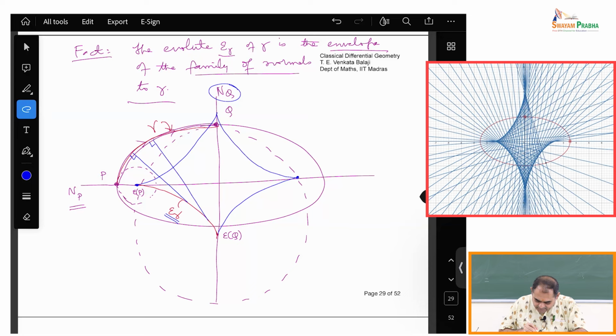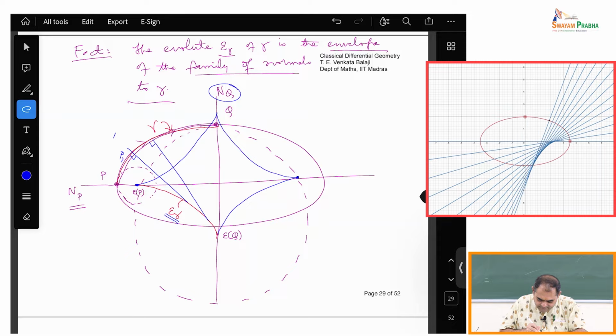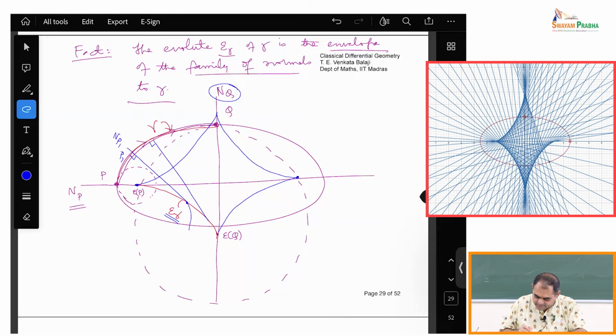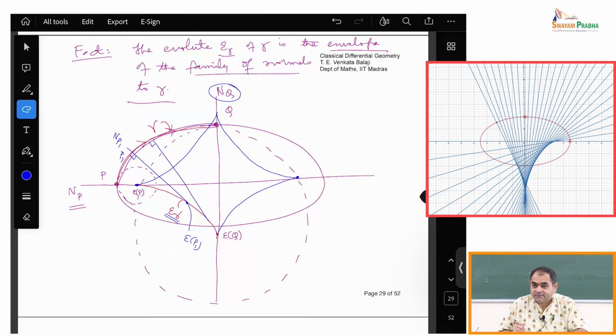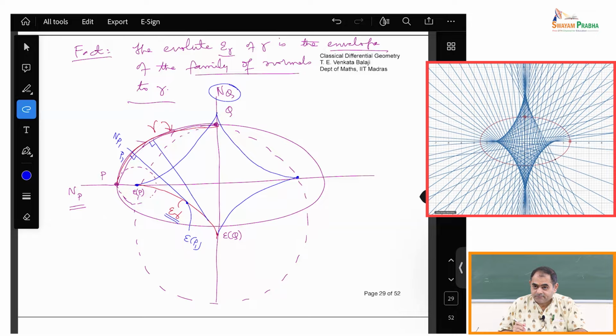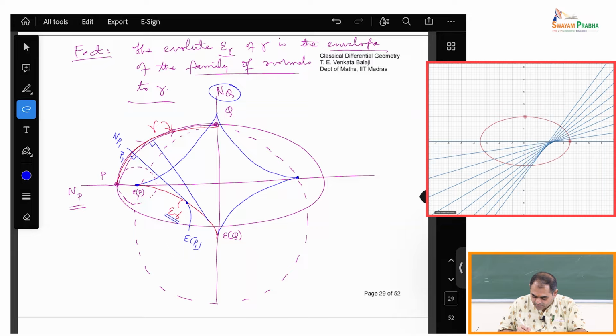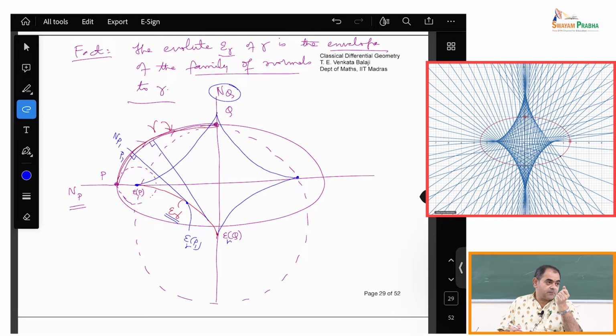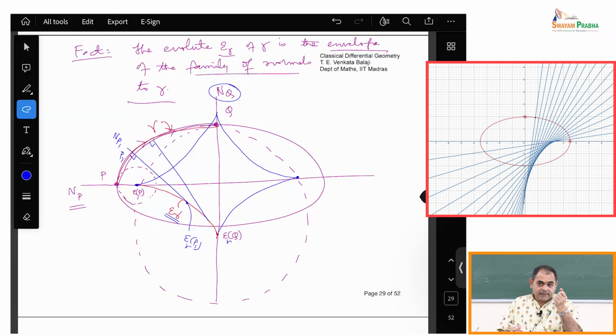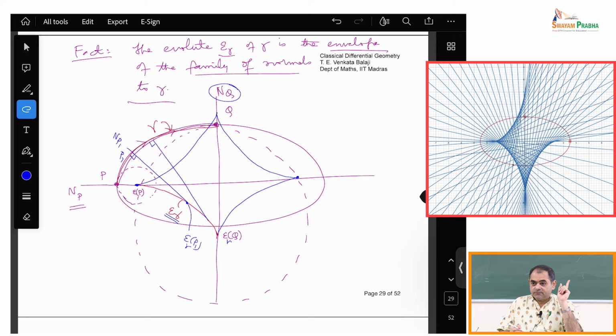If this point is, let us say, P1, this is a normal at P1, and I will get this point, which is epsilon of P1, and for epsilon of P1, the normal at P1 is the tangent to epsilon. The tangent to the evolute epsilon sub gamma at any point is actually the normal to the original curve, okay.